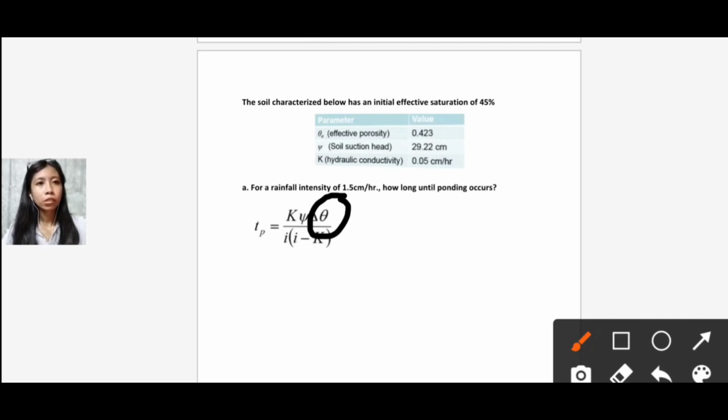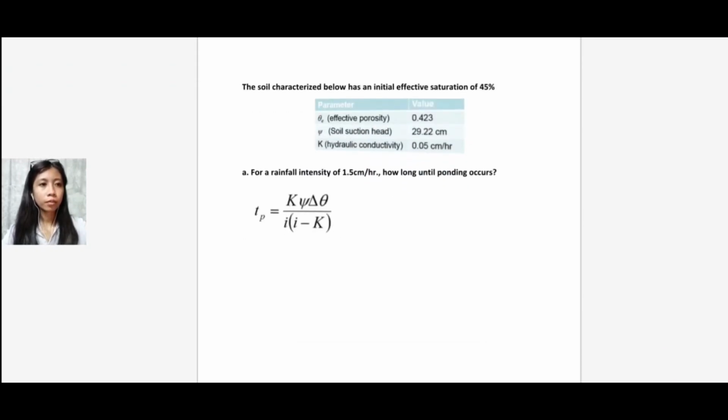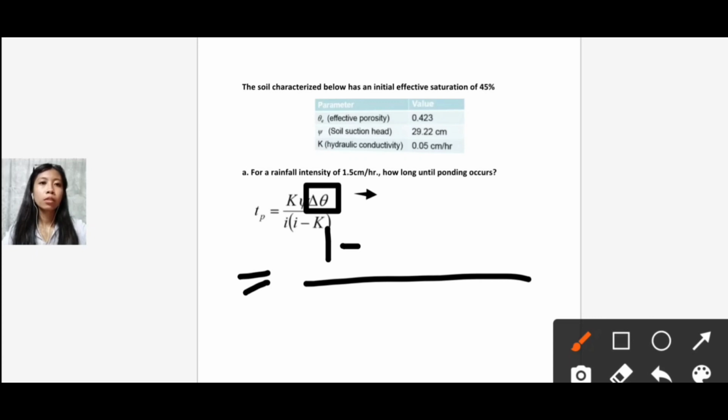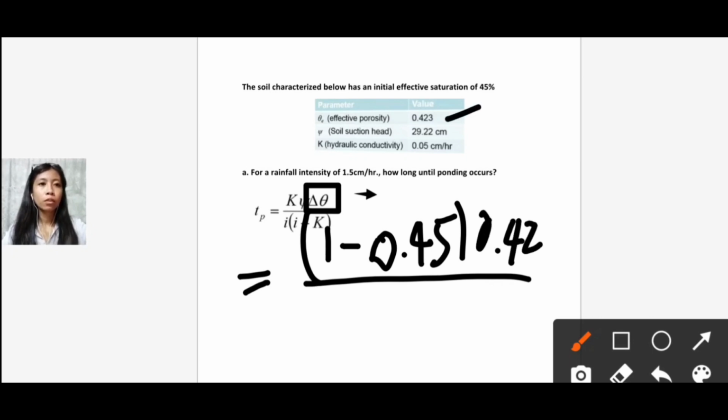So let's calculate this first. Basically, we take 1 minus 45%, which is 0.45, times phi, or the effective porosity given above, 0.423.